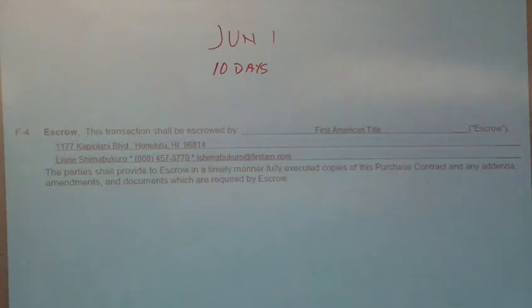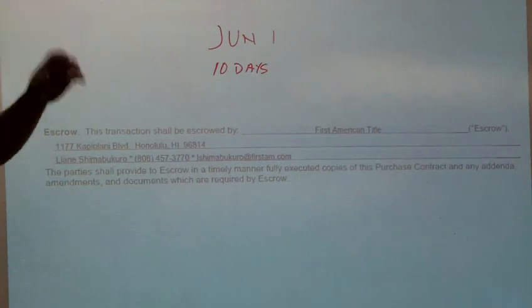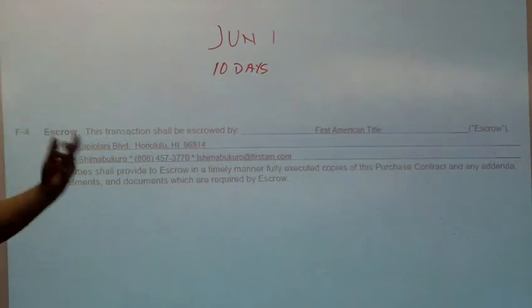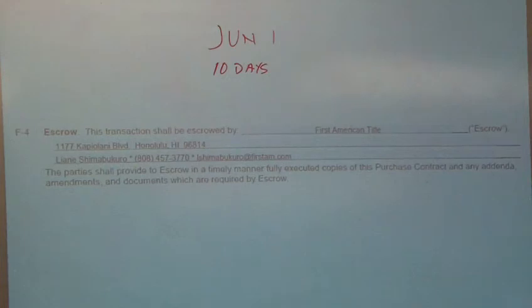But if you put a different escrow company here than what the seller is saying to use, what's the likely outcome? If the seller says use First American and Leanne Shimabukuro, and they put that in the MLS, and you go, ha, I'm going to use Old Republic, John Doe as the escrow officer, what's the likely outcome?